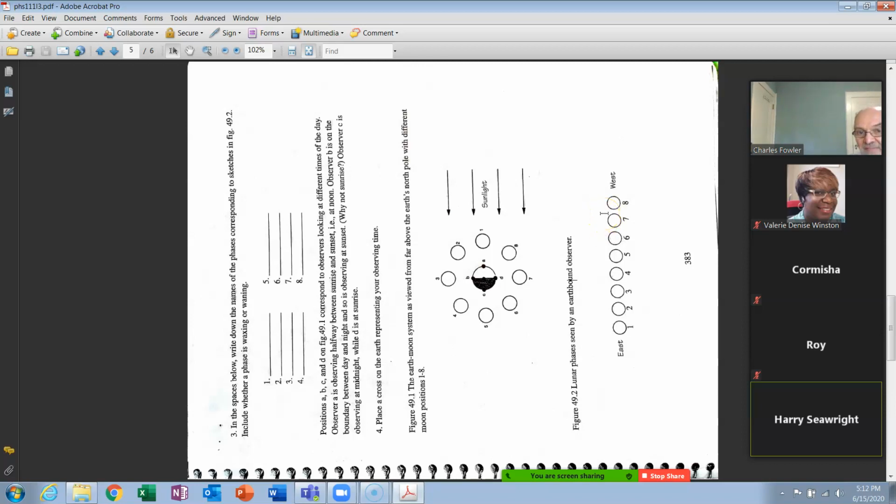And number 7, again, just like number 3, it looks just like 7 here. Vertical line down the middle and the darkened part to the left. Don't touch anything to the right. Then number 8 is just like number 2. You're looking from the Earth. You see mostly dark with just a little sliver.